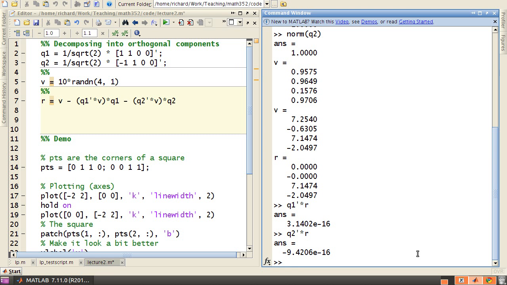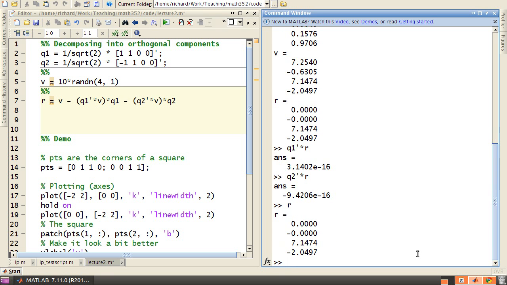I'm saying that I have 3 orthogonal components here, which should make up my vector v. So why don't I take r, that's r, plus q1 transpose v times q1. There's 2 components there. Add on the last one, q2 transpose times v times q2.